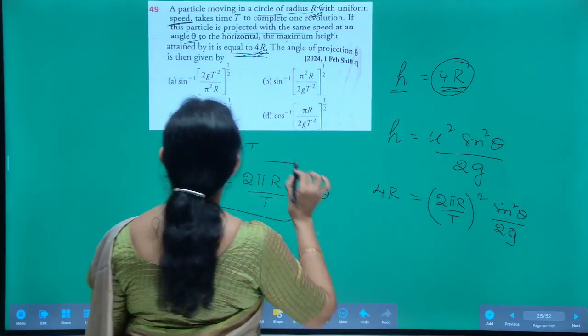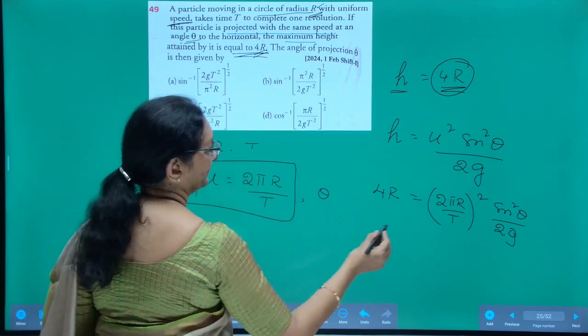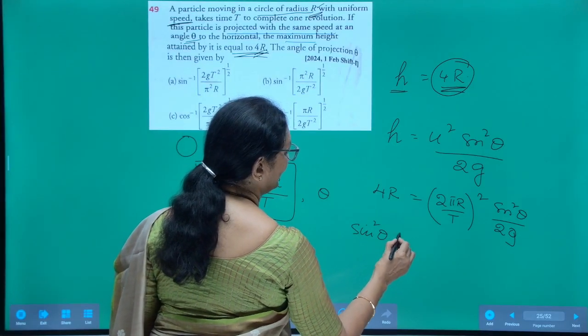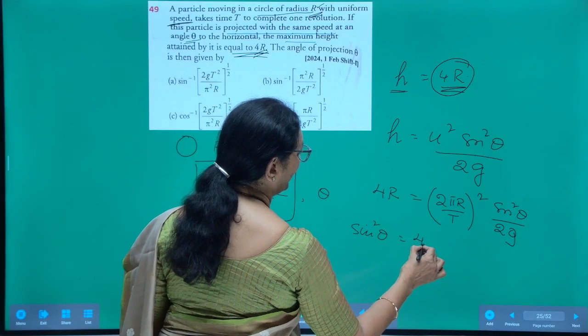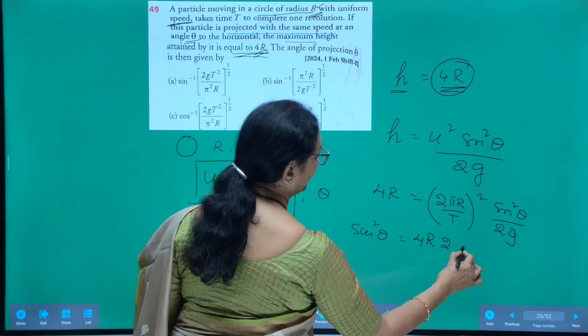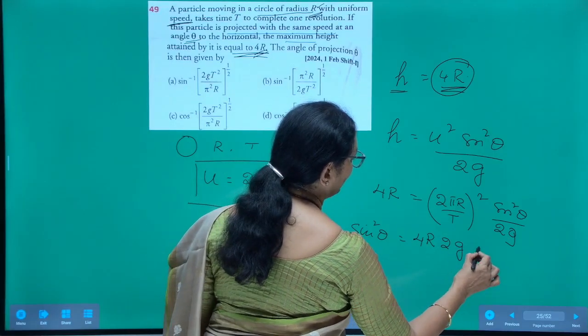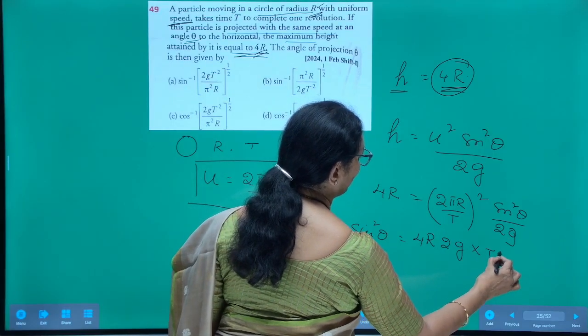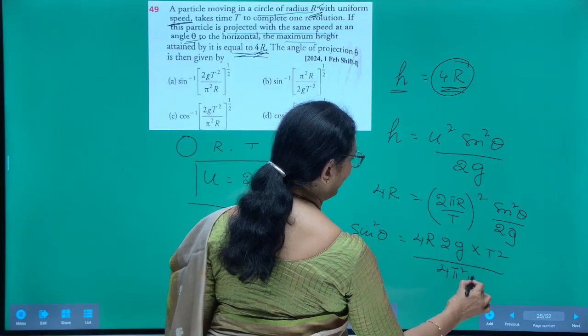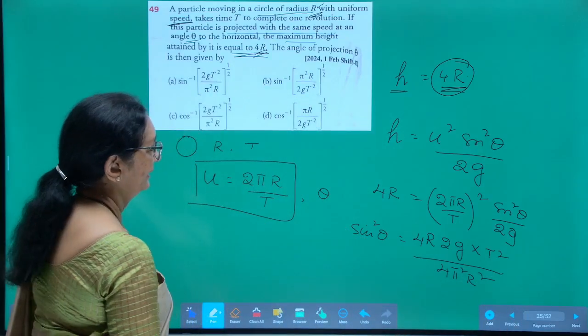You are asked to find angle of projection. So, sin square theta is equal to 4r into 2g into t square by 4 pi square r square, right?